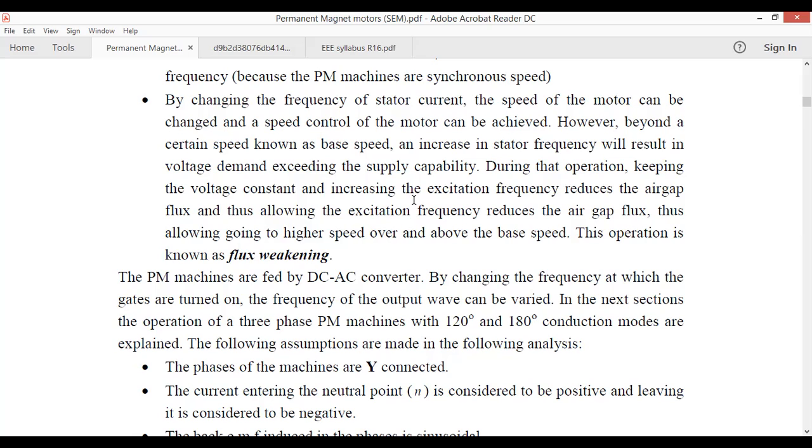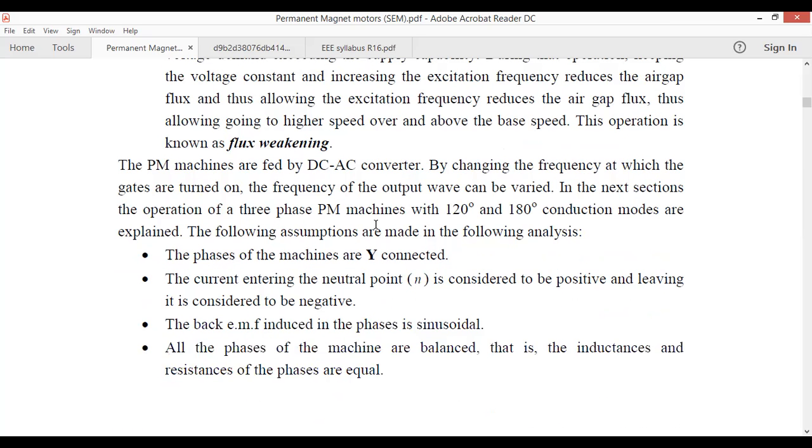By changing the V by F ratio, it is possible to change the speed of synchronous motors, permanent magnet synchronous motors. Next, the permanent magnet machines are fed by a DC to AC converter, and by changing the frequency at which the gates are turned on, the frequency of the output wave can be varied.